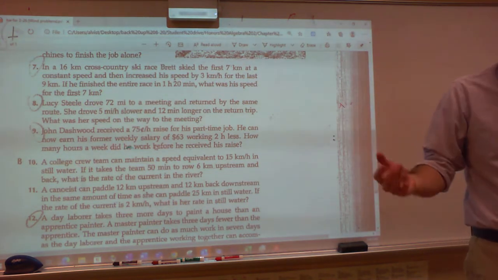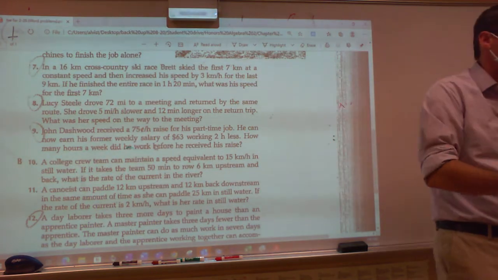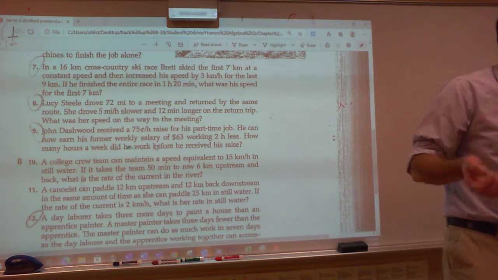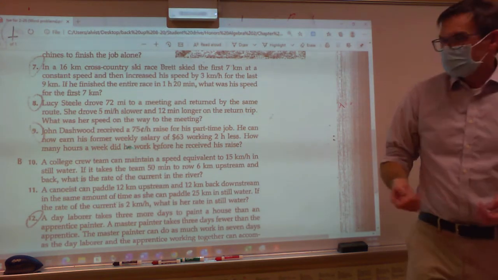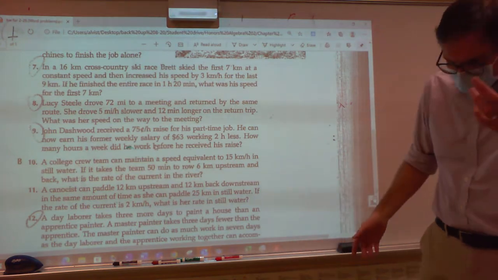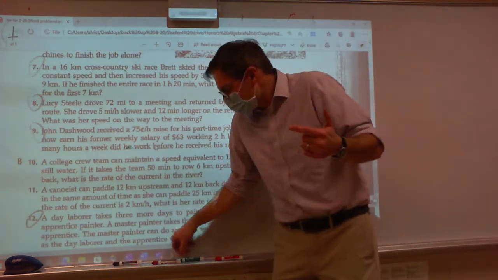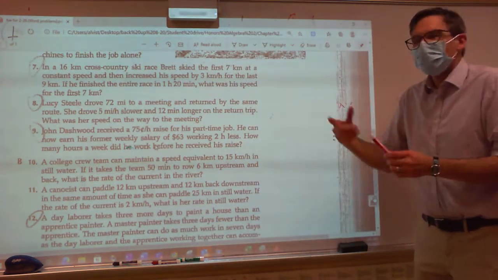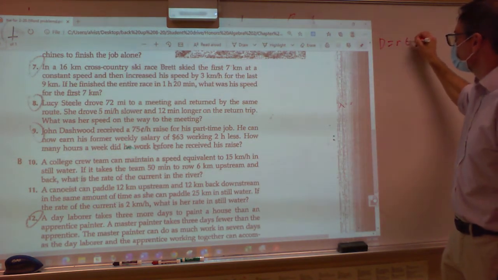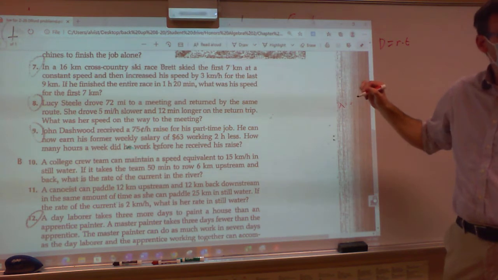No, because the other problems are like, this person does work, we add them together, right? This pipe does work, we add them together, right? What does distance have to do with anything? How is that related? Well, do you remember when we came up with our formulas? I said we all started with d equals rate times time, right?